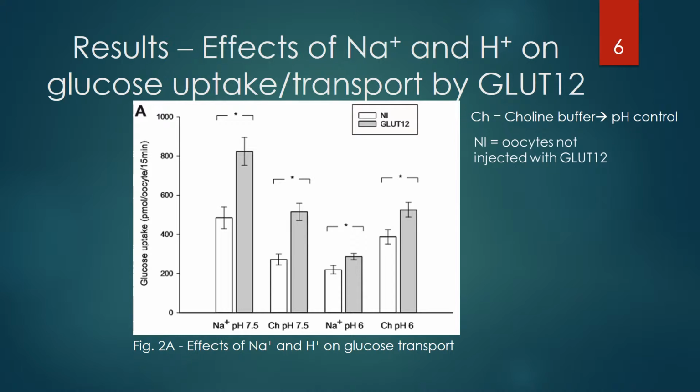The gray bars do represent the cells that were injected with GLUT12, and what you see here is at the conditions of sodium ions at pH of 7.5 and pH of 6, there's a dramatic increase in the glucose uptake when sodium is present. But if you look at the same results for the choline buffer, which is basically just testing the effects of hydrogen ions, you'll see that there's really no significant change in the uptake of glucose.